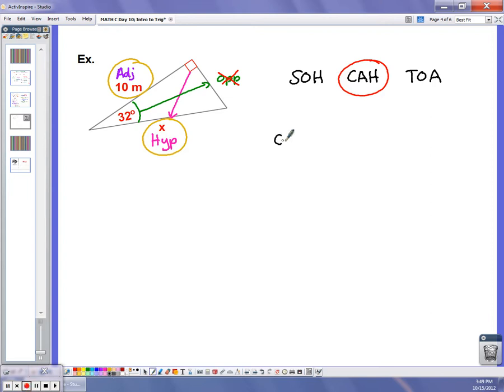The C stands for the cosine, so the cosine of x degrees is equal to A, which is the adjacent, over H, which is our hypotenuse.